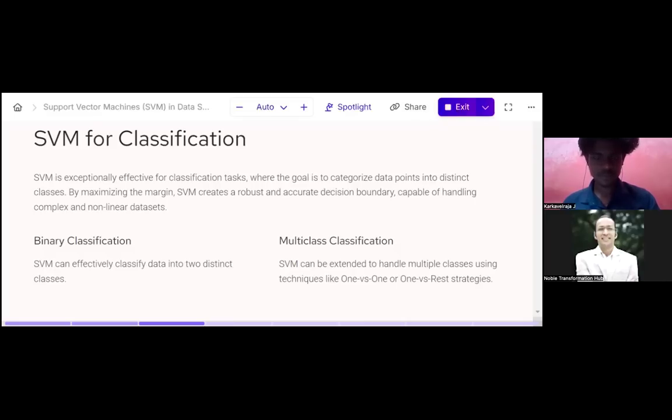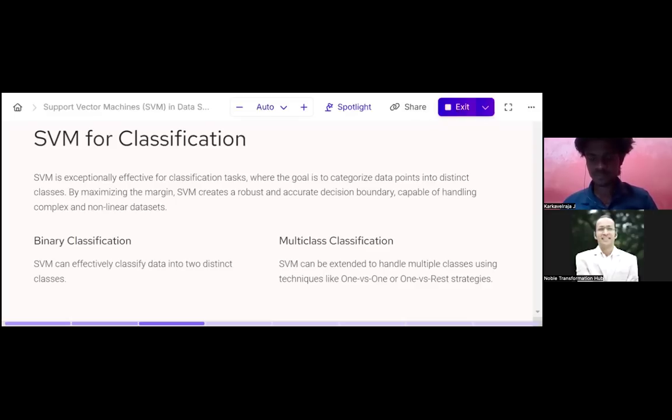By maximizing the margin, SVM creates robust, accurate decision boundaries, which is the main thing in SVM.